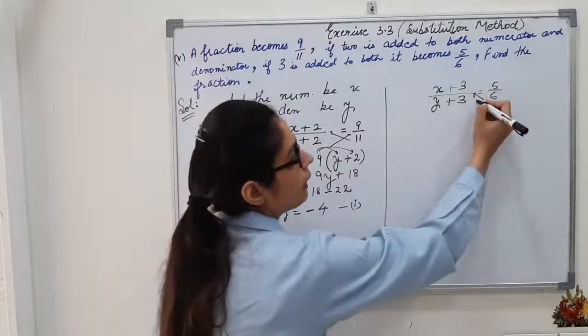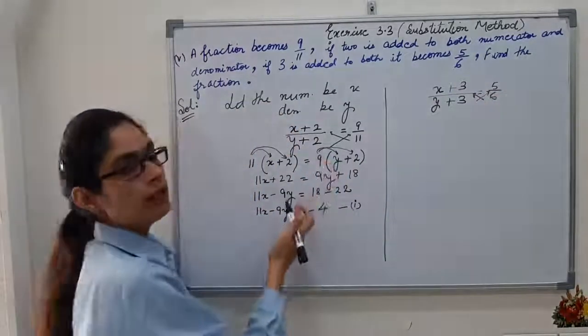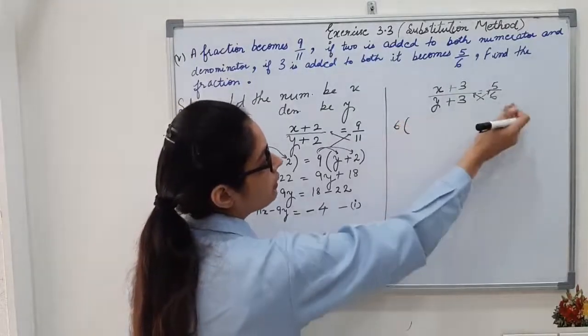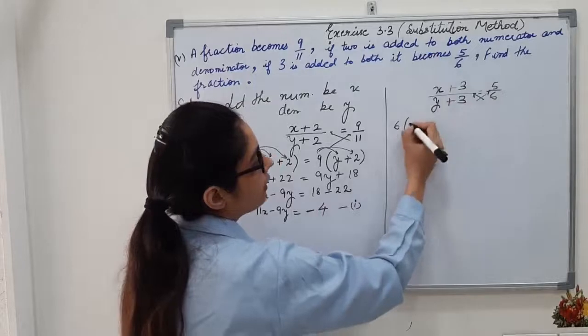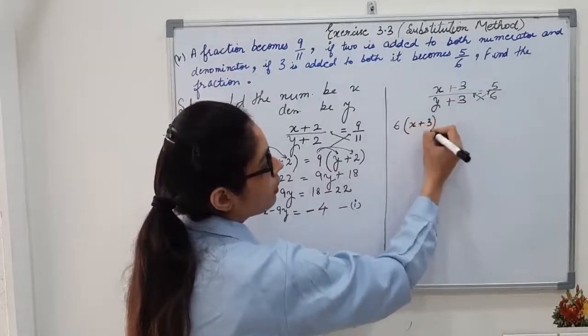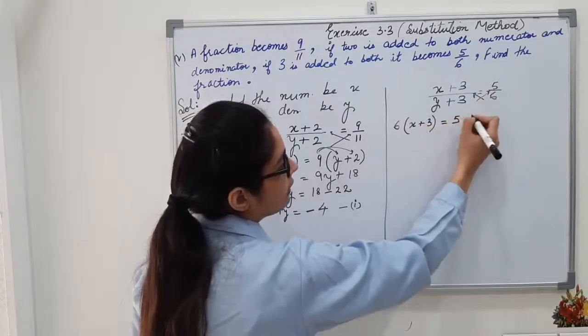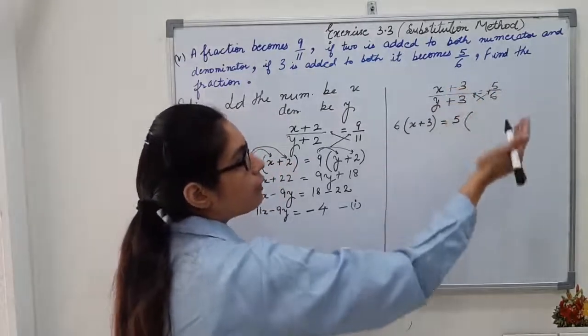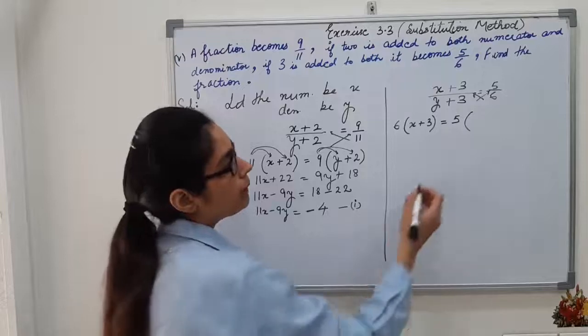I'll cross multiply it in the same way we have done previously. So 6 is getting divided this side; on shifting to the other side, it will get multiplied. 5 I'll write as it is. Y plus 3 is getting divided this side; on shifting to the other side, it will get multiplied.